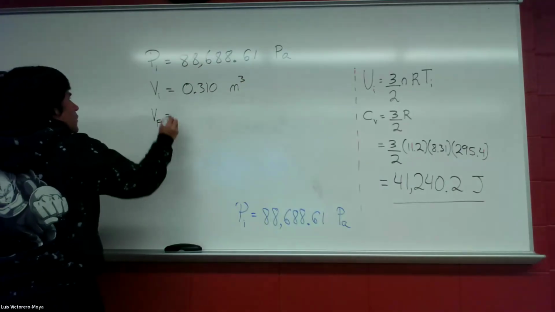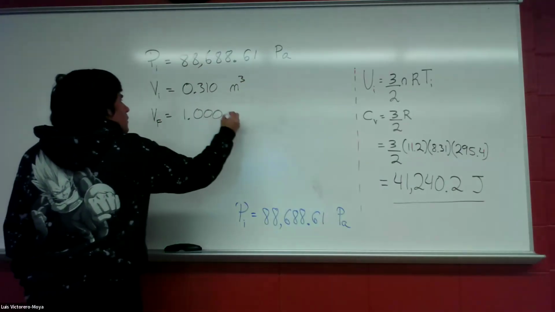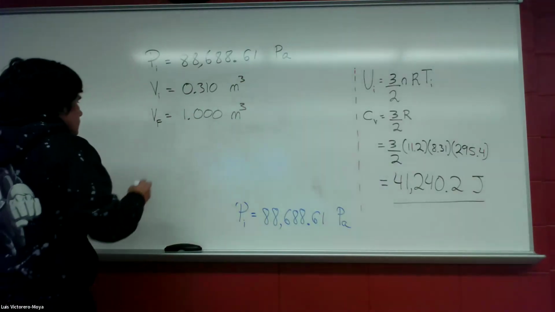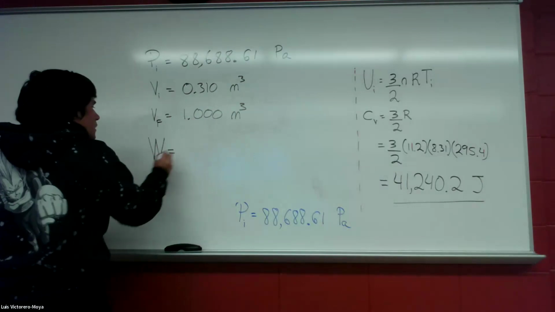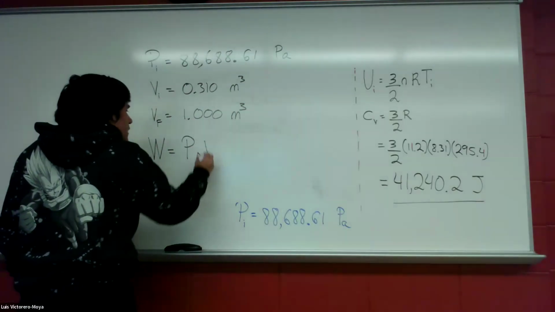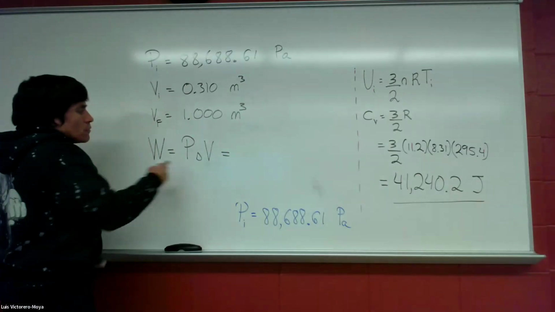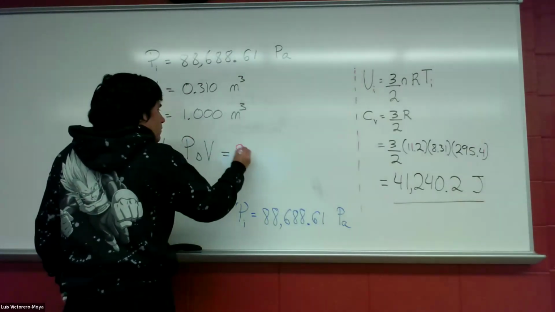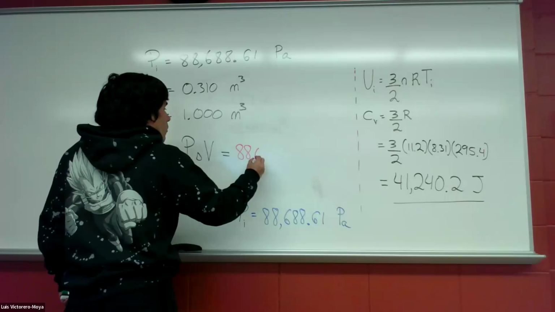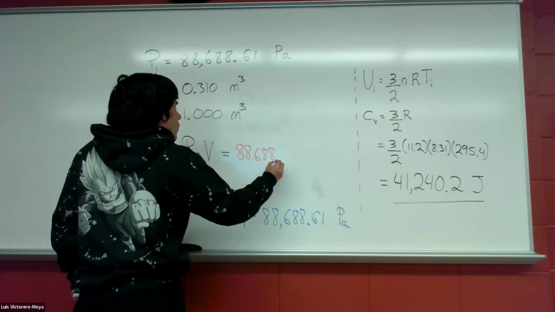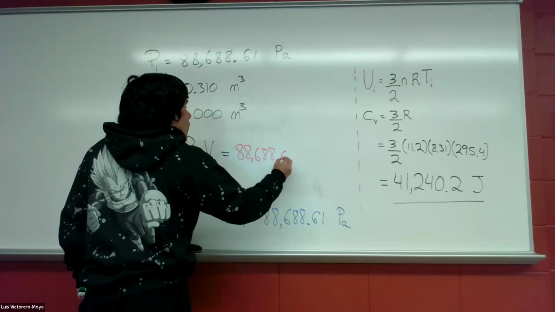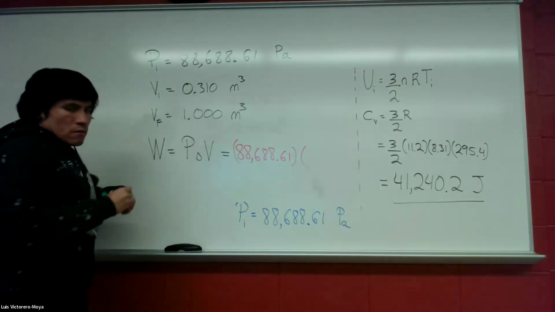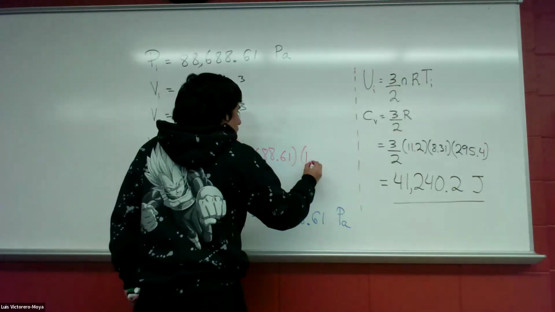Volume final is 1.000 meter cube. Right to 1, yeah. So the work is just P delta V. That's for an isobaric process. So you just use the pressure times this minus that.